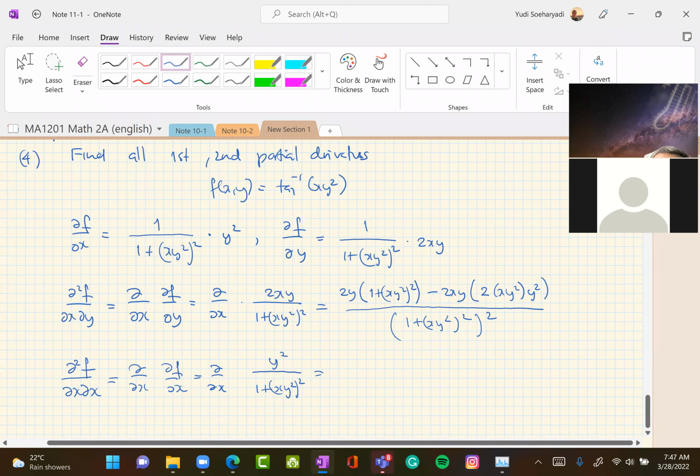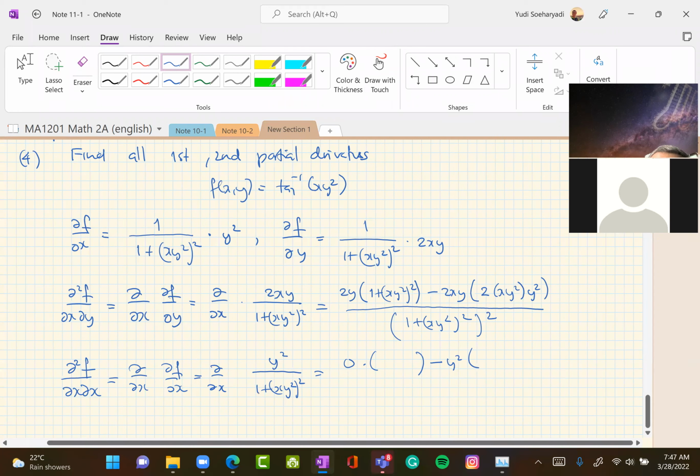So the derivative of x y squared times whatever is there; this is 0. And then subtract the derivative of this y squared times the derivative of this with respect to x.